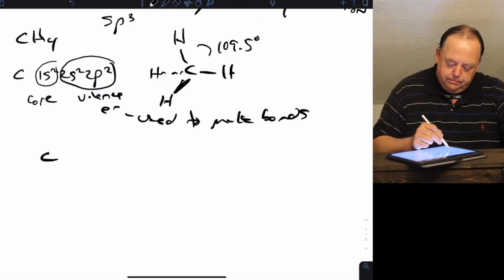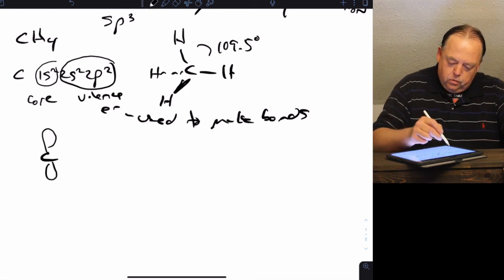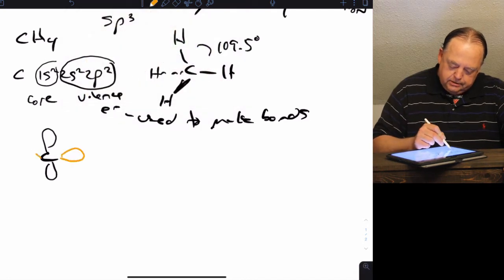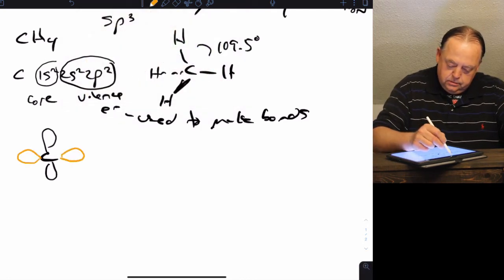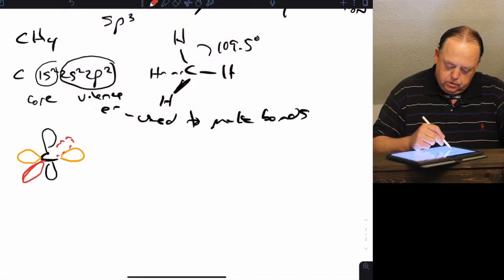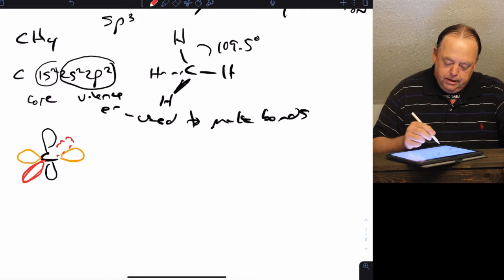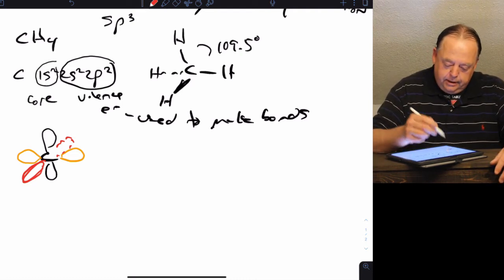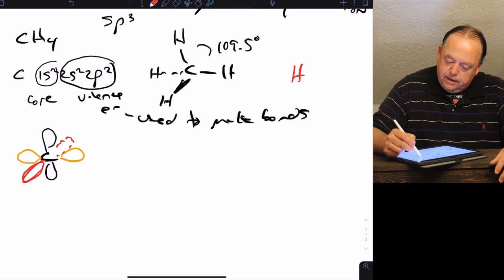So if carbon made bonds purely from its p orbitals, so if that was py, and that's px, and then of course it's got pz coming in and out of the plane towards you. What does hydrogen have? Hydrogen is just 1s1, so it's got a spherical orbital.